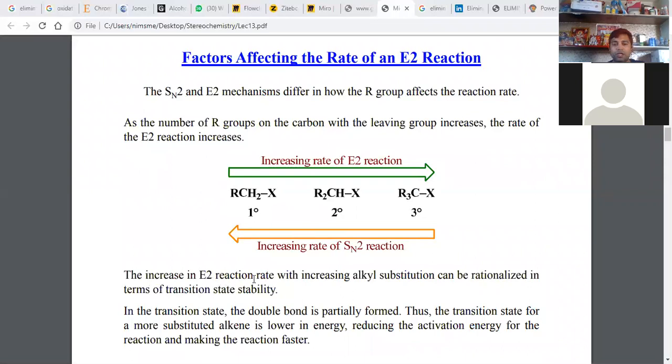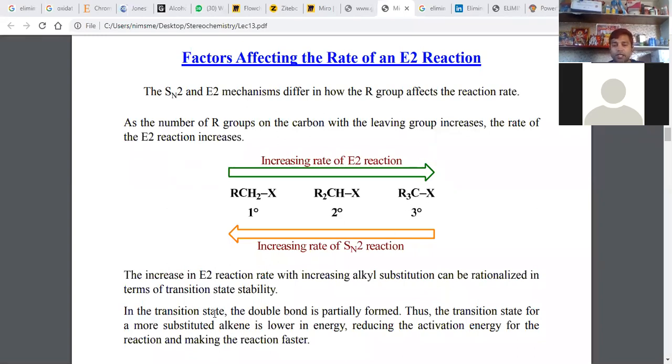The increase in E2 reaction rate with increasing alkyl substitution can be rationalized in terms of transition state stability. The transition state in the case of tertiary alkyl halides is more stable. That is why the rate of reaction is more for tertiary alkyl halides.